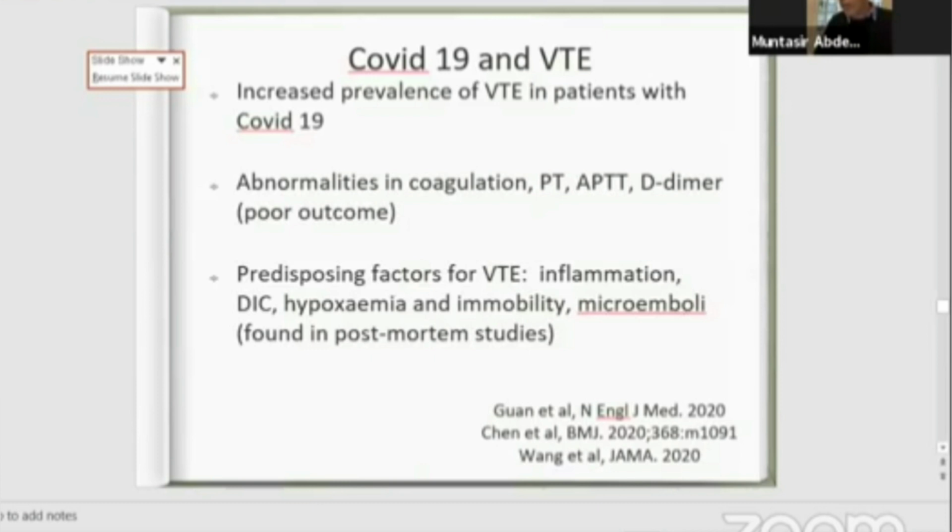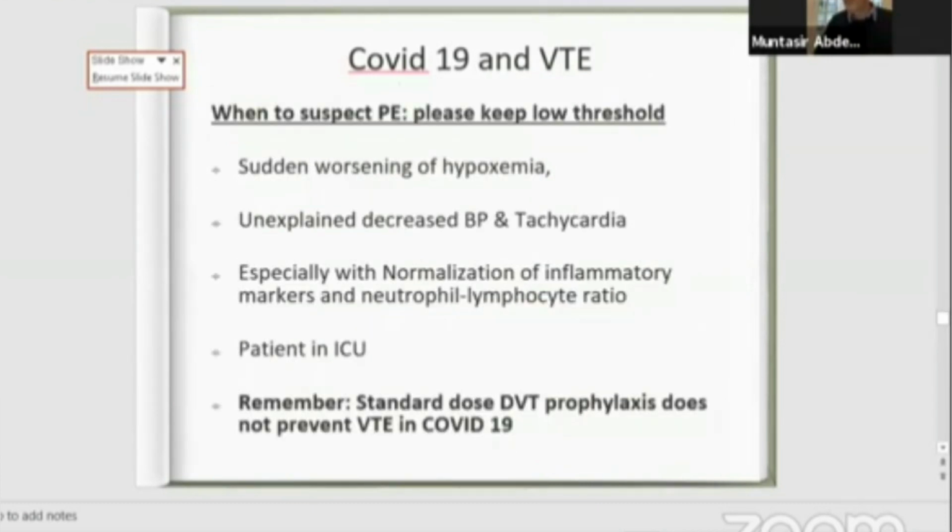Now, can I have the next slide, please? So when do you suspect PE in COVID-19? You should have a very low threshold in suspecting pulmonary embolism in COVID-19, very low threshold. And especially if you notice there is sudden deterioration in hypoxemia with unexplained decrease in blood pressure and tachycardia. And especially if the inflammatory markers are coming back to normal, and also if the ratio between neutrophils and lymphocytes is also coming back to normal.